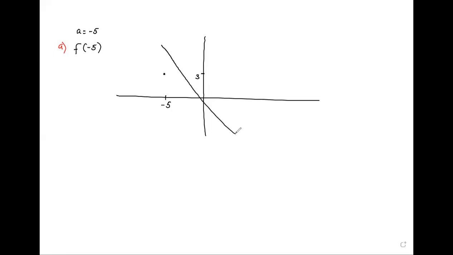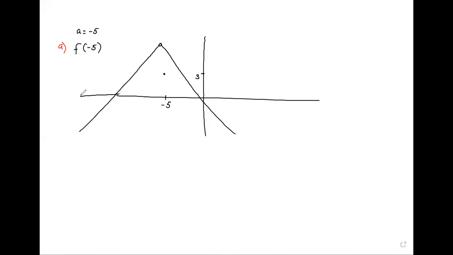So what is happening there? Well, if you look at the function itself, at -5, we have a graph. -5 is here, and then we have a point at -5, 3. Like that. And then, of course, we have a graph that is coming like that, and then it's open there, and then going down like that.